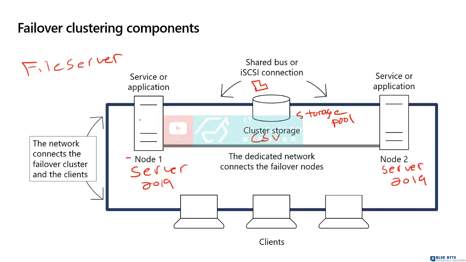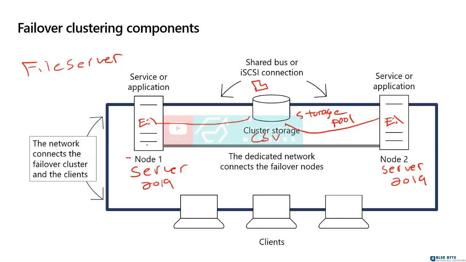So I would have, and we looked at a similar design of this earlier, an E drive, we'll say, that maps back to this cluster storage volume. So you log in to either one of these servers, open the E drive, you're going to see the same set of data. So now it does not matter which server your request is routed through, you're going to see the same exact piece of data.